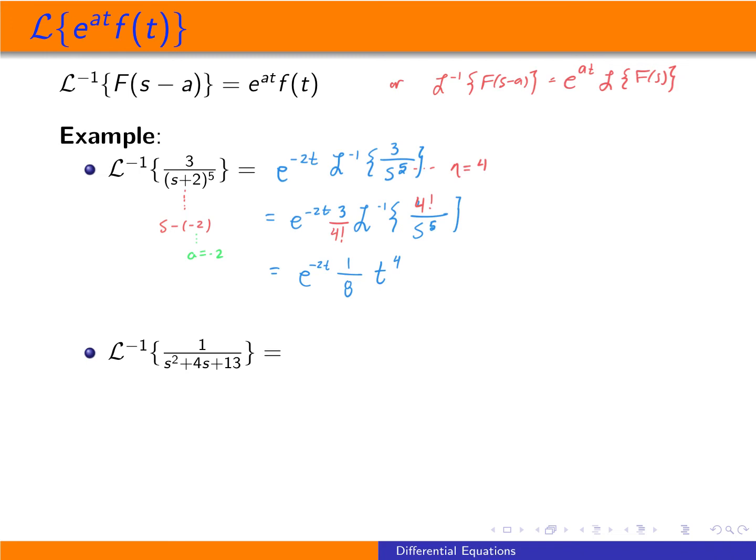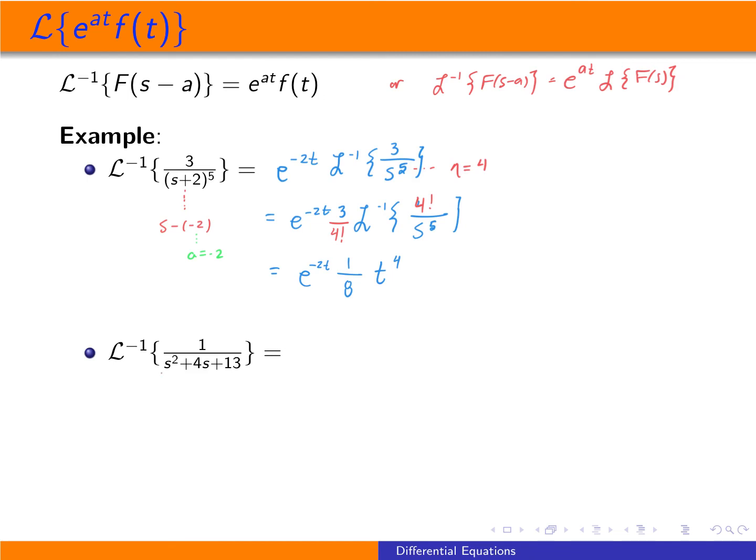And then one more additional example where this comes up quite frequently is when you have a quadratic that doesn't have 2 real roots. Instead, how we can approach this is by completing the square. Note in this case, this doesn't factor nicely into 2 linear terms. If it did, we would get an inverse transform involving 2 exponentials.